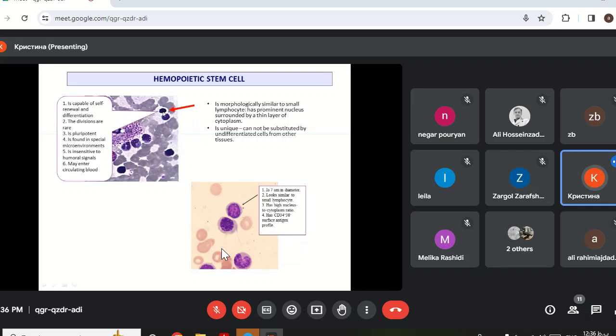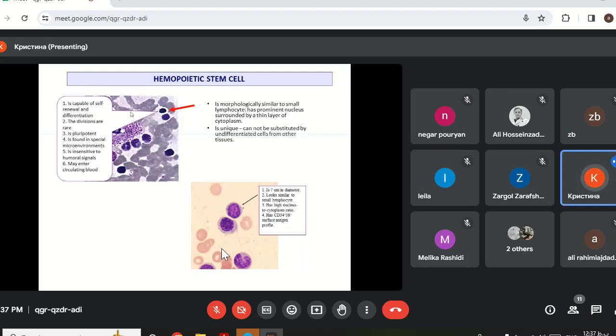Their divisions are very, very rare, so they are at resting stage. They are pluripotent, and they have specific microenvironment. So they are surrounded with other cells which produce some specific substances that help the stem cell to be the stem cell, not differentiated one, because we want to have stem cells for all our lifespan to make all the kinds of formed elements of blood.